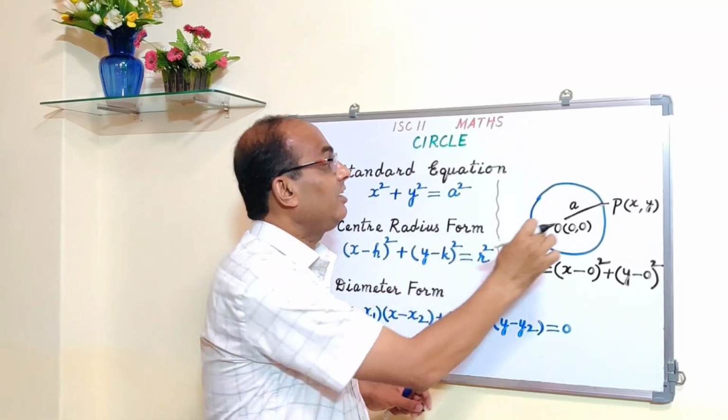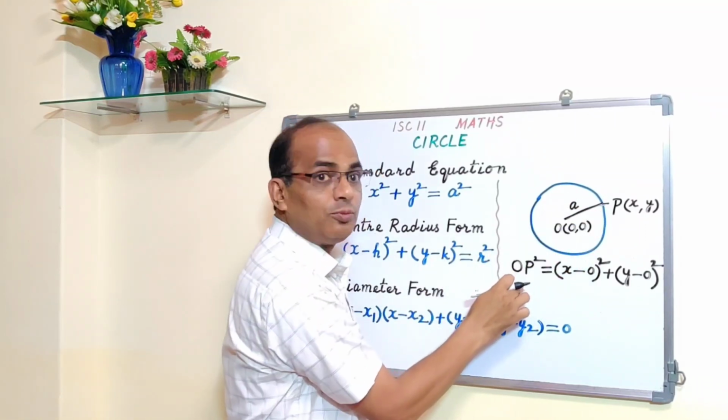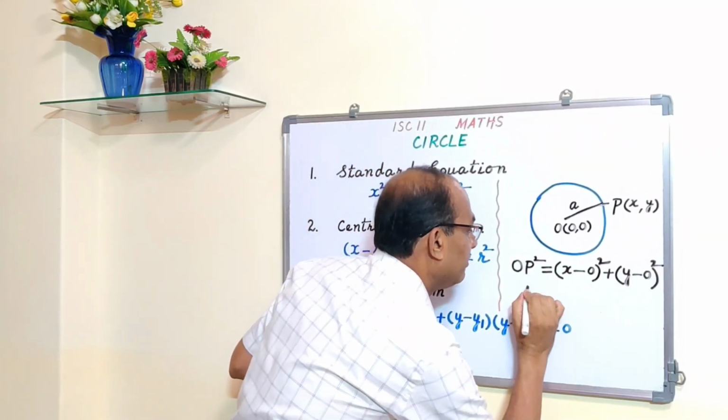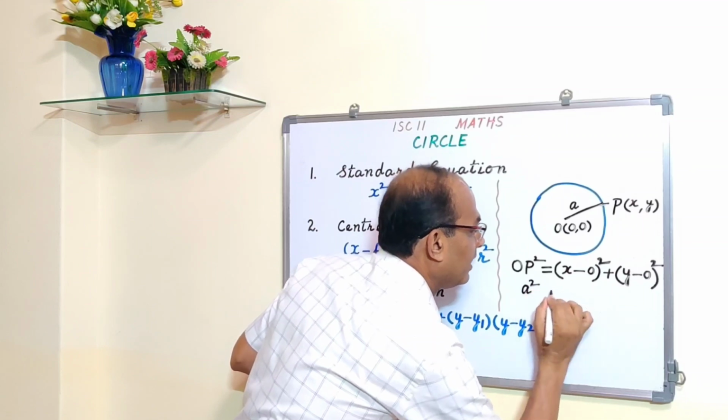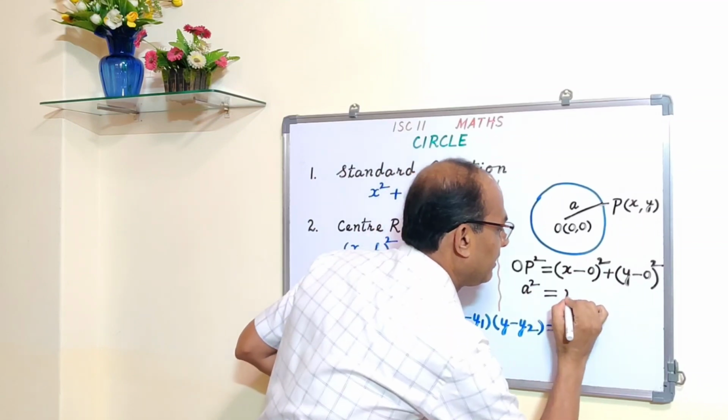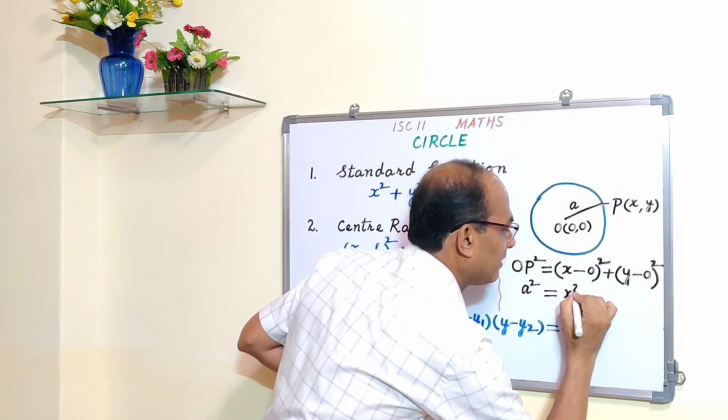In this case we are calling OP as a, so we can write a square is equal to x square plus y square.